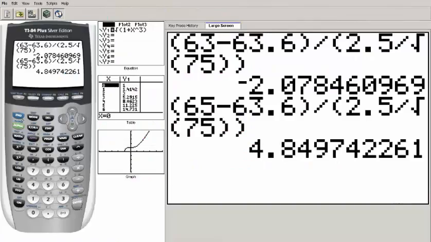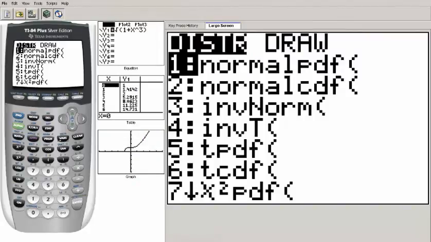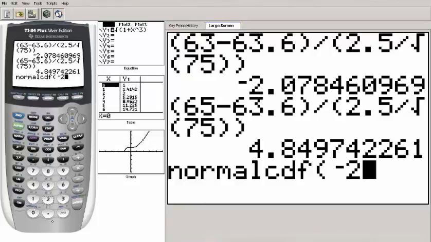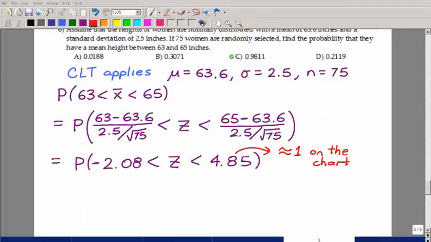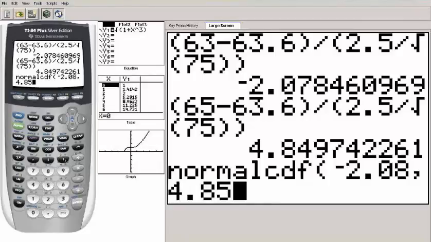Well, I'm going to do a normal CDF, though. Negative 2.08, comma, 4.85. I could probably put 100 there and it won't matter.